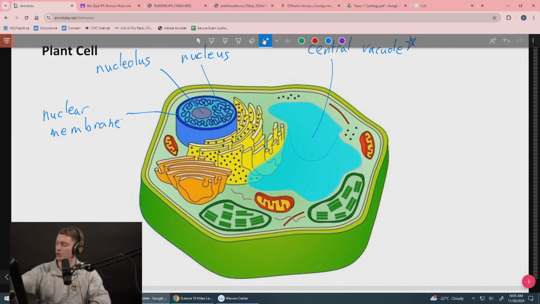We're just going to go clockwise here. Notice that there's also these little black dots floating around inside of the cytoplasm. If you notice that there's also dots on this yellow organelle here, that's a good observation that you've made. In both cases, these are our ribosomes.